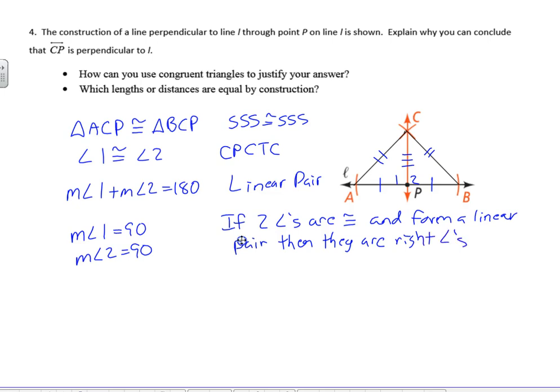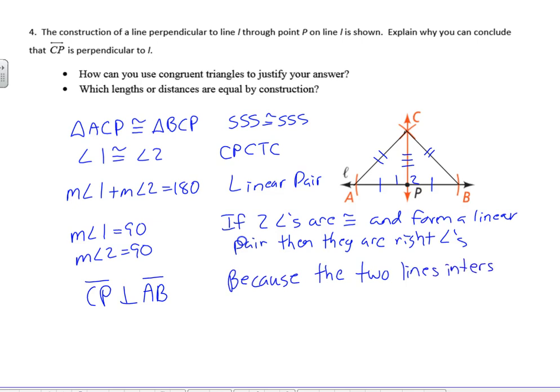And so therefore CP is perpendicular to AB, because the two lines intersect to form right angles. So that's not a super formal proof, but just to give you an idea of how the justification for that construction comes up to be perpendicular.